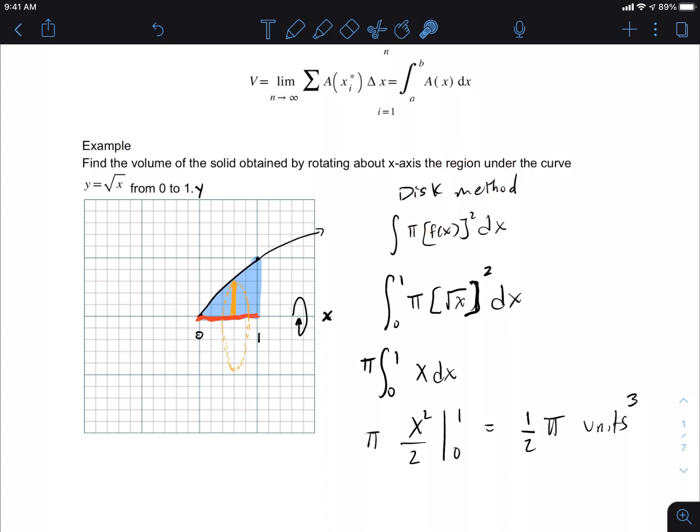And so when I do a cross-sectional slice, this cross-sectional slice is going to be perpendicular to the axis of rotation, because the circle that's being made is perpendicular to the axis of rotation. Does that make sense? Yes. So then this here, from the function to the axis of rotation, ends up being the height of the function.